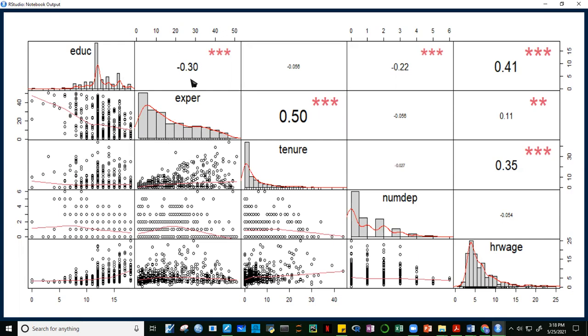Yung strength nitong 0.3. Okay, the 3 stars here means this is significant at 0.001, no? Or at 0.1% level of significance. Okay, so highly significant siya, tapos negative siya. Ibig sabihin, negative na weak correlation between education and experience. Okay, ito yung minention natin kanina, si 0.5.